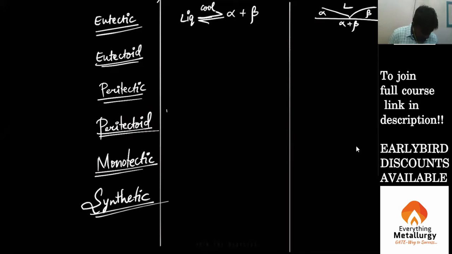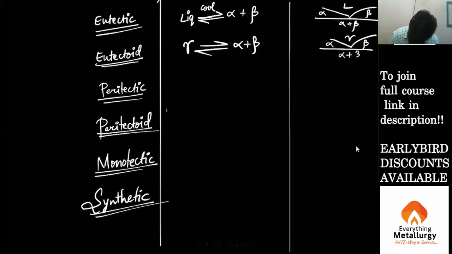If you look at them, eutectoid is nothing but one solid transforming into two other solids. How will this look? It will look like the same thing, but the top region is changing. Instead of liquid, it is now another solid, gamma.